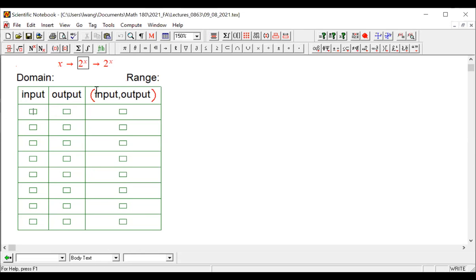Okay, input. I'm going to give you in the input -3. Would that qualify? -2. Of course, I can give you decimal fractions, okay? -1, 0, 1, 2, 3.